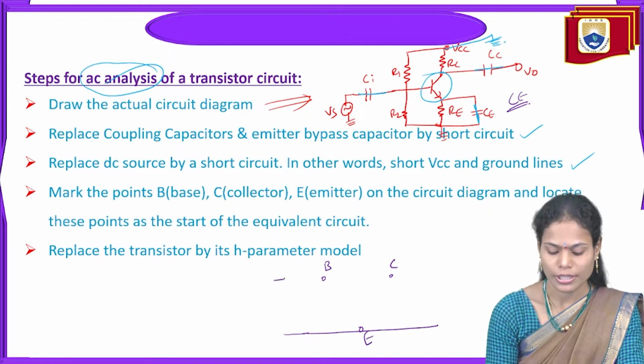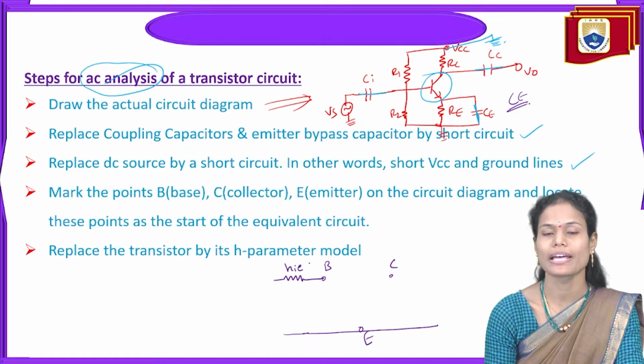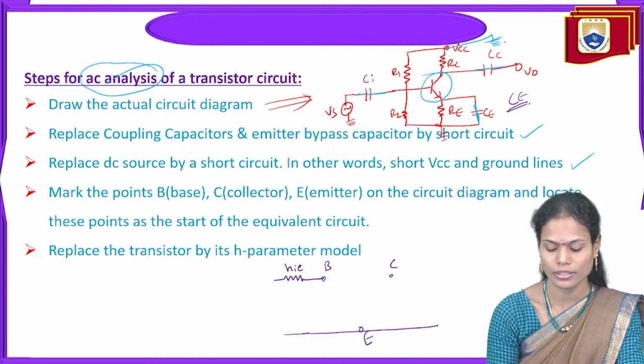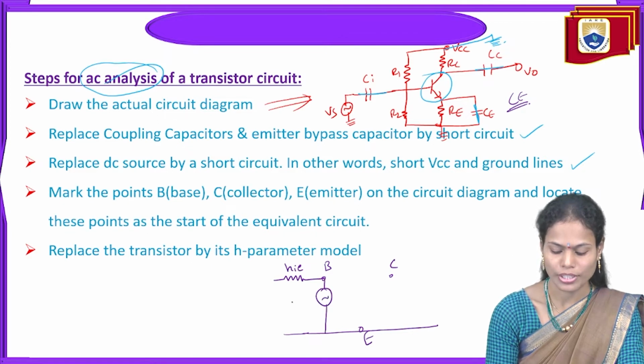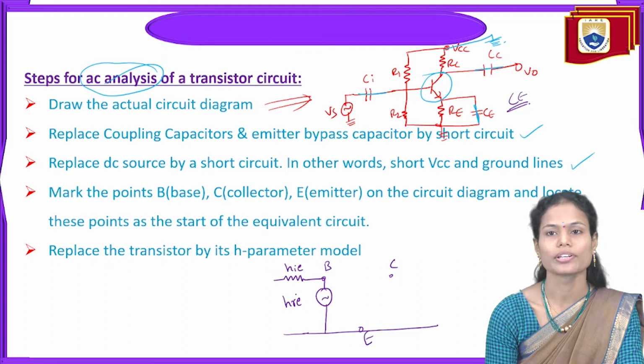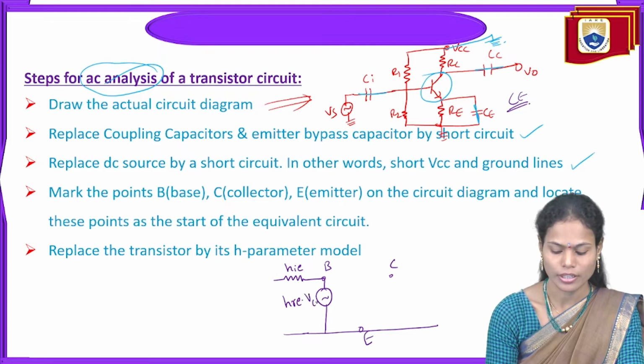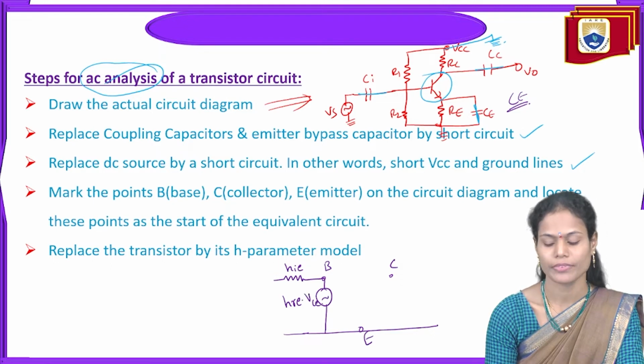So first element is the resistance which is connected, that is the input impedance of the CE amplifier, HIE, and next the reverse voltage gain HRE multiplied with the output voltage VCE.